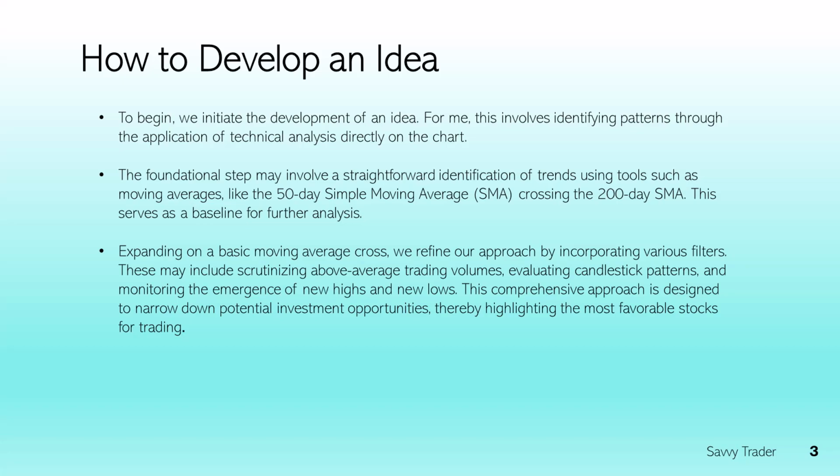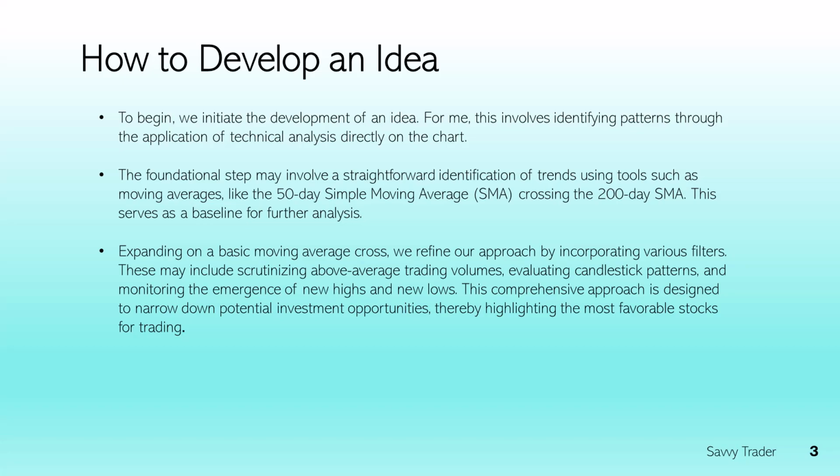We can expand on the MA crosses and refine our approach, incorporating some different filters. This could be relative strength, relative weakness, MACD, if you have the Compass, your Laguerre signals. It also can be scrutinizing above average trading volumes, candlestick patterns, new highs, new lows.